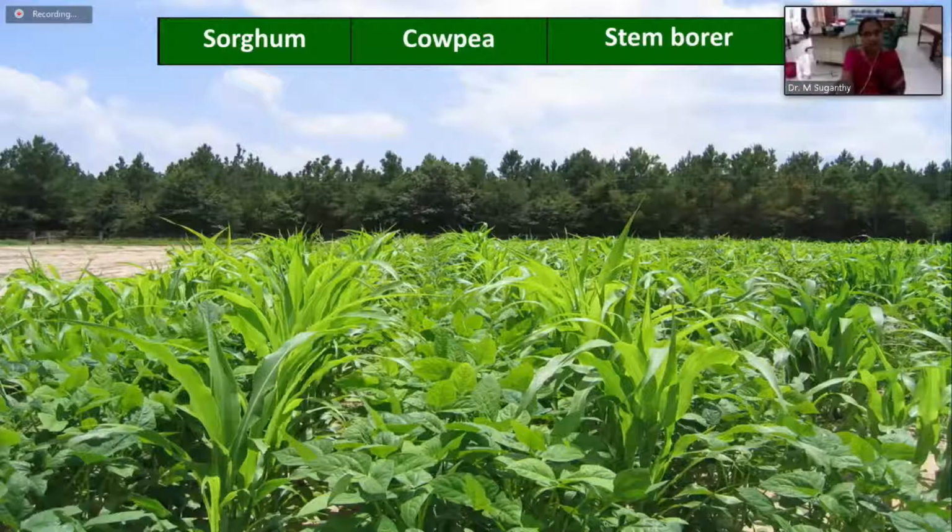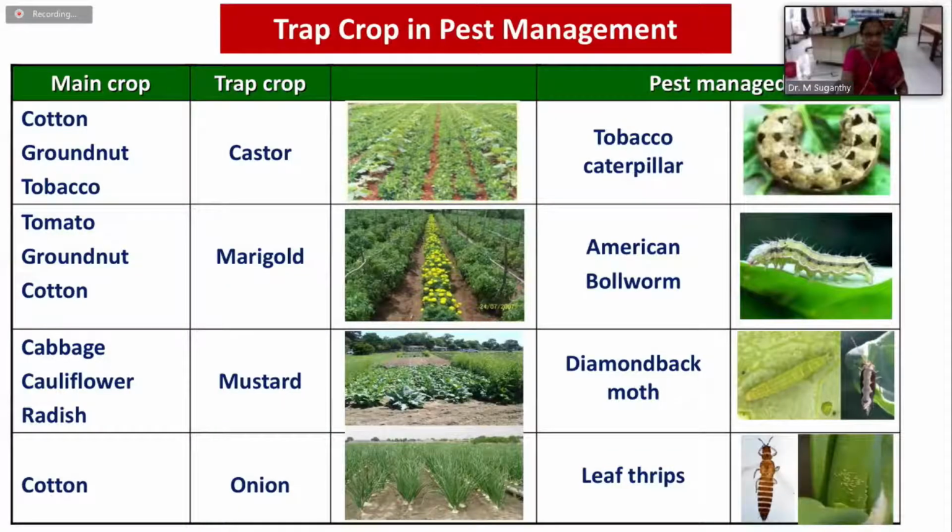Another important concept is the use of trap crops in pest management. When we plant castor as a trap crop in cotton, groundnut and tobacco, it reduces the population of tobacco caterpillar. Similarly, marigold is grown as a trap crop in tomato, groundnut and cotton for the management of American bollworm. Mustard is grown as a trap crop in cabbage, cauliflower and radish for the management of diamondback moth. And in cotton, we have onion as an intercrop for the management of leaf pests.